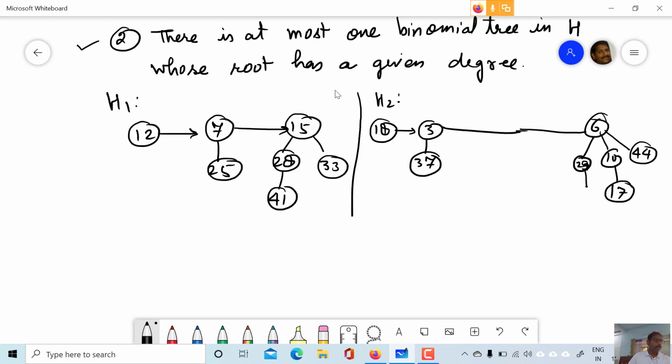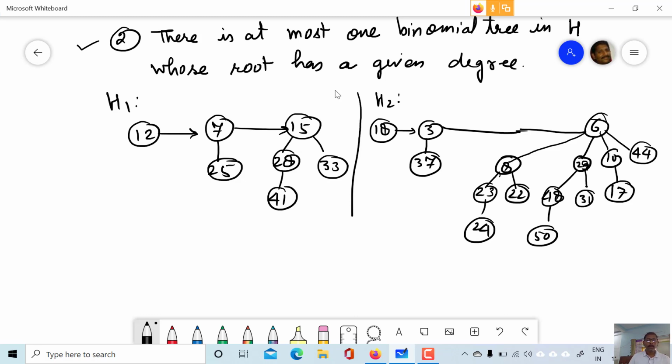On one side of 29 there is 31, on another side 48 and 50, and on this branch the value is 8, then 22, 23, 24, then 30, on one side 32, on this side 45, and this is 55. Okay, so these are the two binomial heaps.